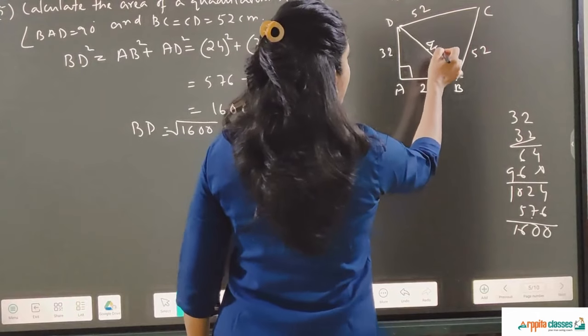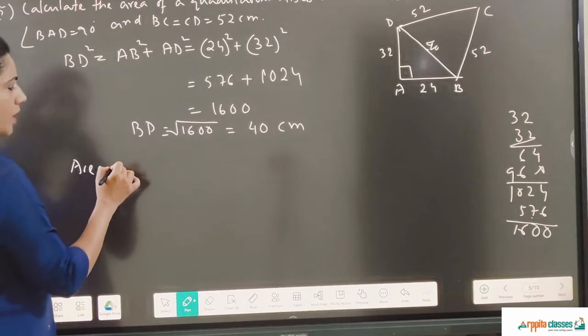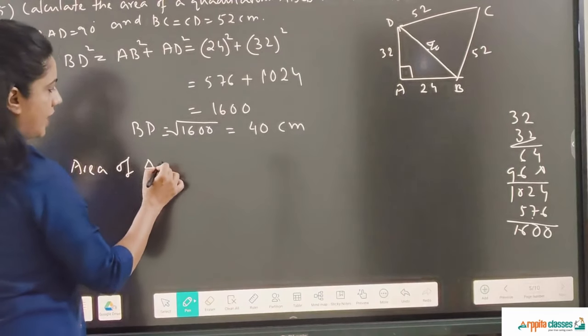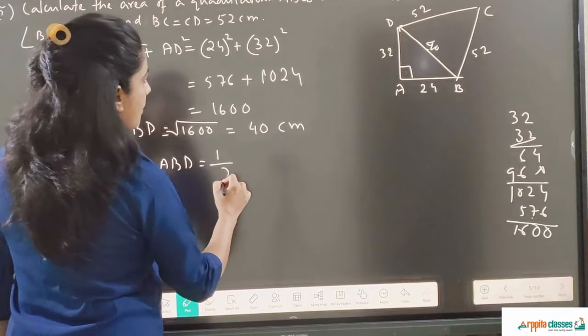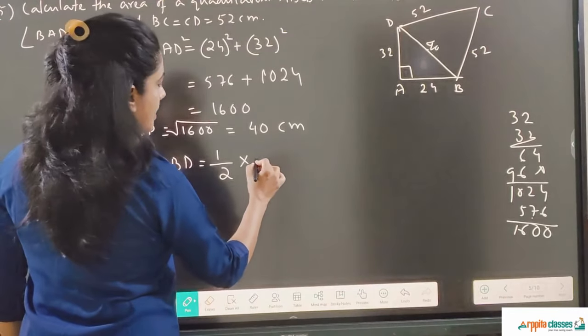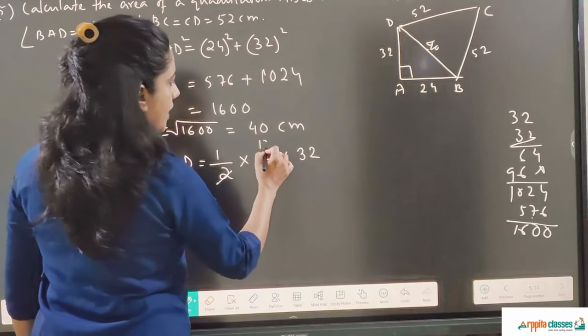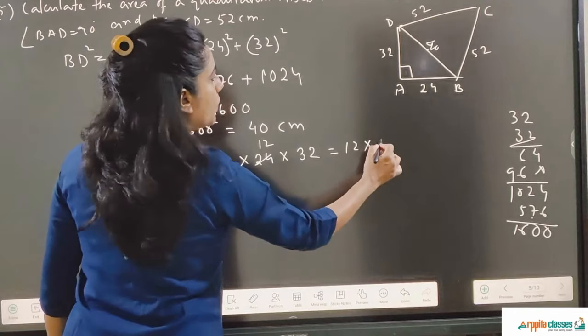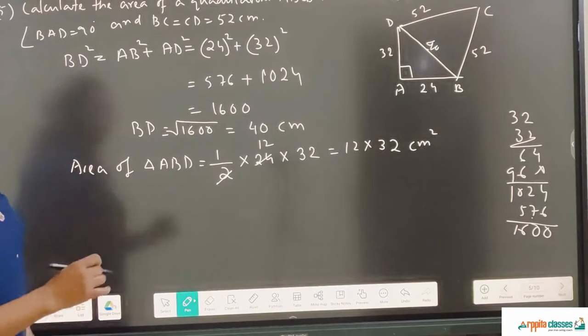So now we can find out the area of ABD. So I'll not do the sum now. You can do it. Area of triangle ABD is equal to half into base, that is 24, into height, that is 32. So 2, this will get cancelled. 12 into 32 centimeter square. So this way we can get the area of ABD.